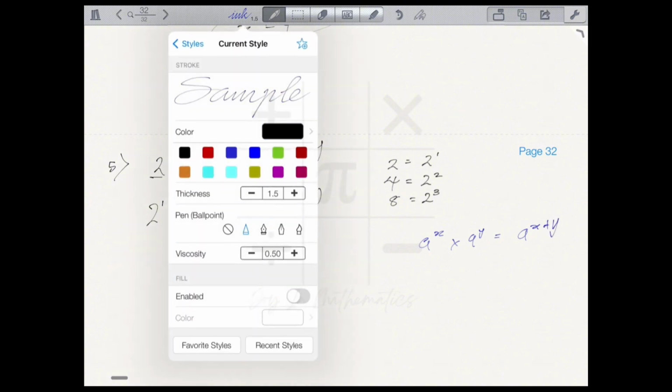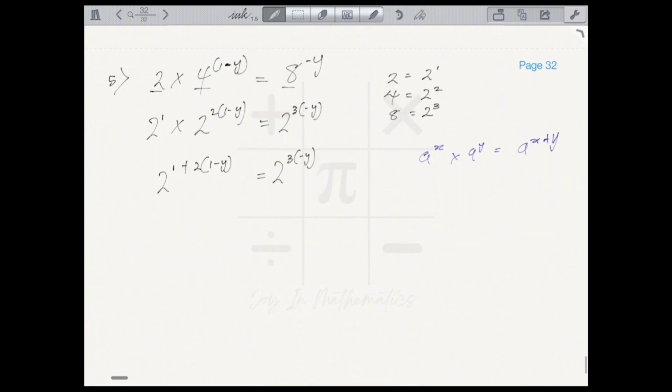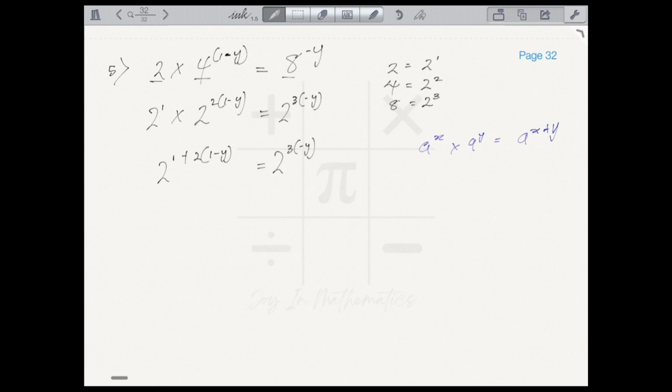So applying that principle here, we have 2 raised to the power 1 plus 2 into 1 minus y, equal to 2 raised to the power of 3 into minus y. Now, having solved this, we can see that we have the same base. And when we have the same base, we can just equate the powers. So this will be 1 plus 2 into 1 minus y is equal to 3 into minus y.